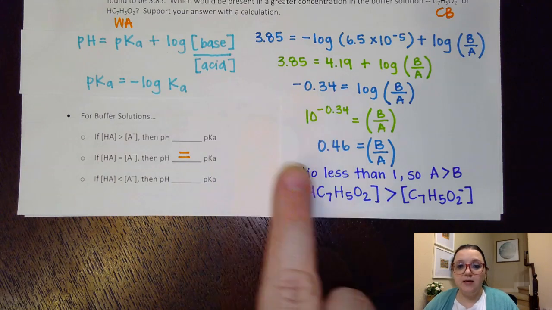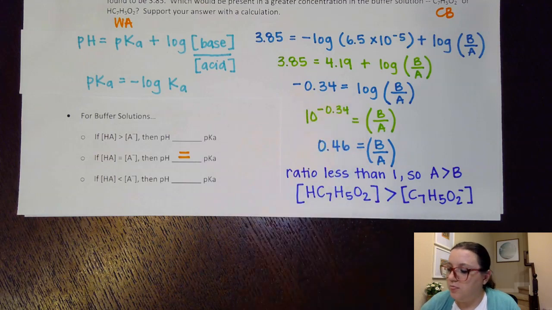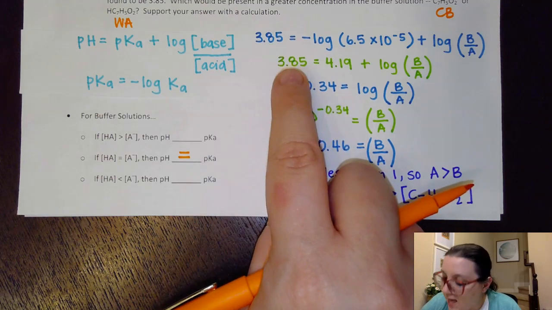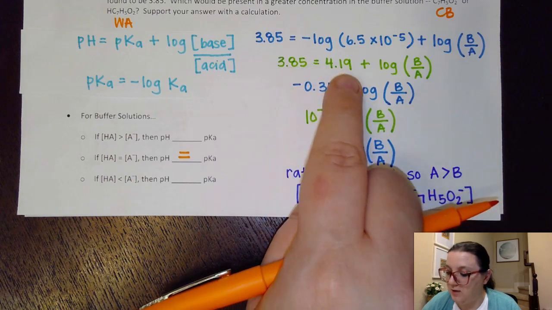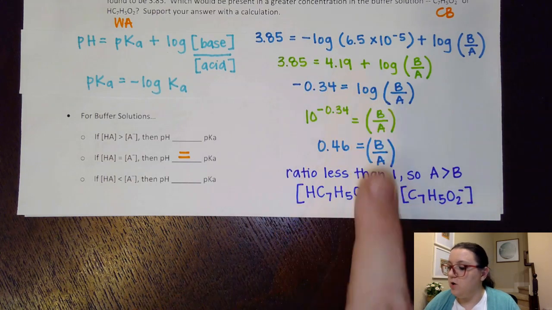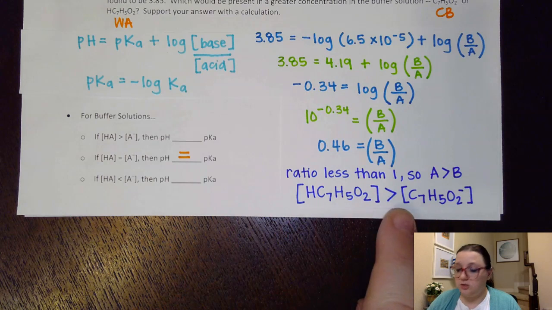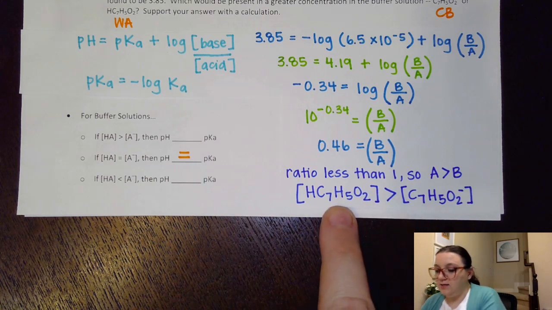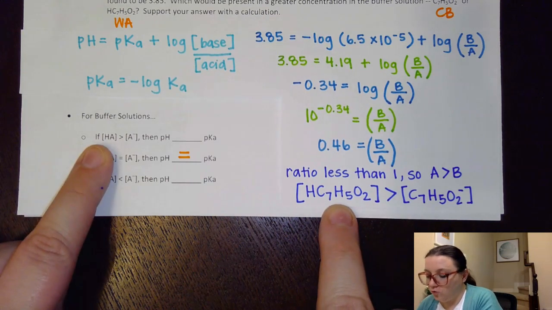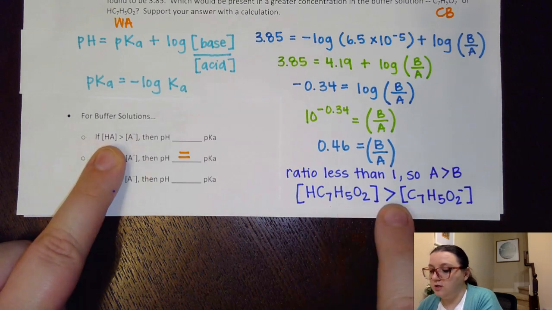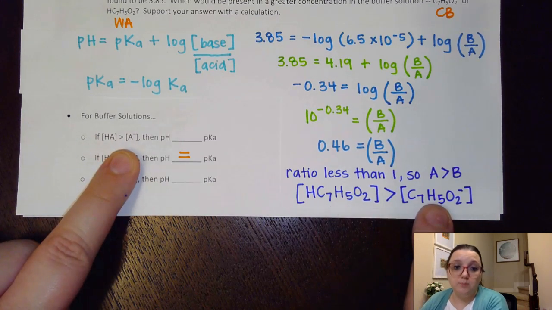Now in this example that we just saw here, the pH was less than the pKa, right? And notice what happened here with my solutions. The acid, the HA, was greater in concentration than the A-, than the conjugate base.